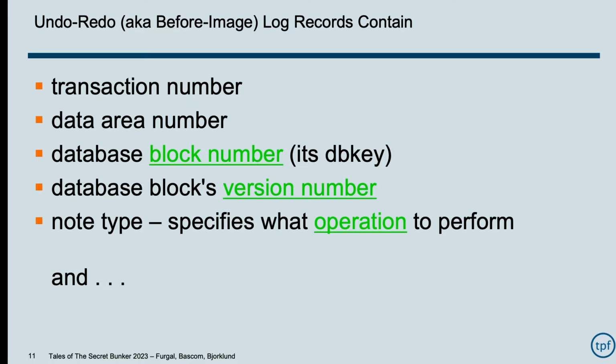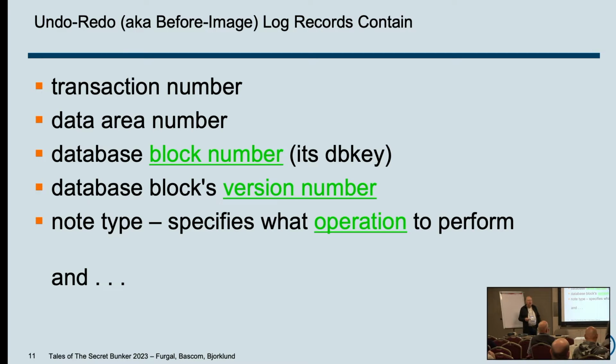So what do we have in these notes? Well, you have the transaction number, the storage area that it affected, which block got changed, and then each block has a version number. So every time a block gets changed, for any reason, the version number gets incremented.